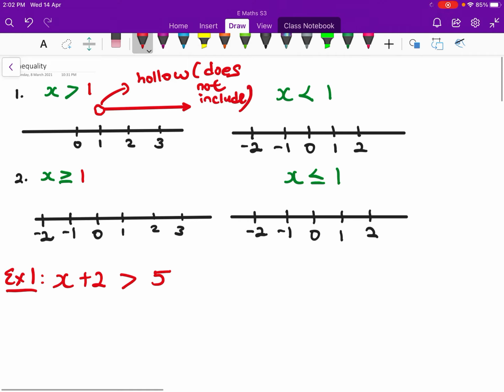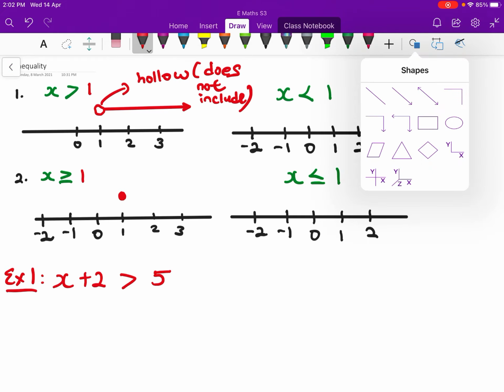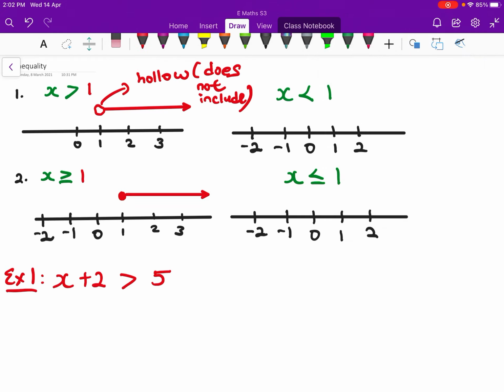Let's go to the second inequality sign, more than or equal to 1. Now my inequality includes 1, so I must draw a shaded circle. This shaded circle means include.